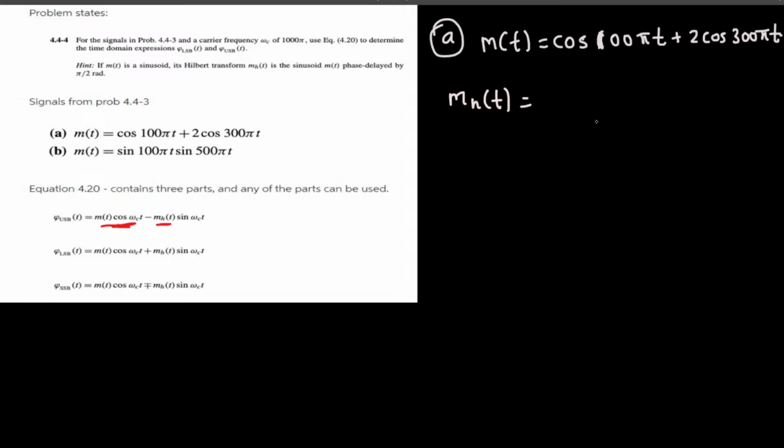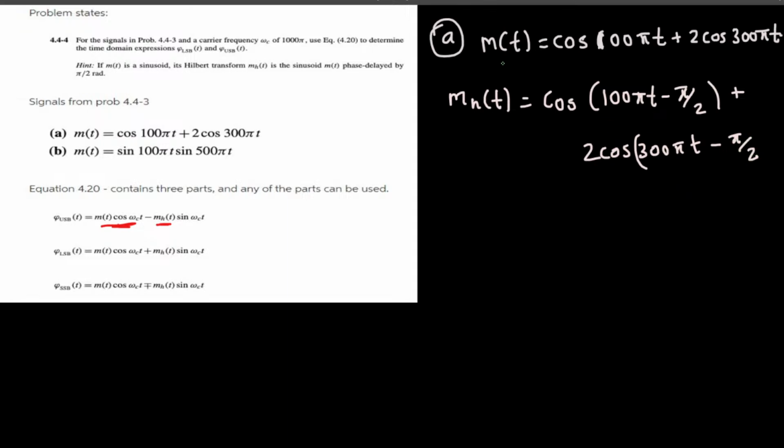Okay, now let's go ahead and do that. For each angular frequency omega component, we are shifting the phase. So here cos 100πt shifted by π/2, and then plus 2 cos 300πt shifted by π/2. It's a negative 90 degree shift always.